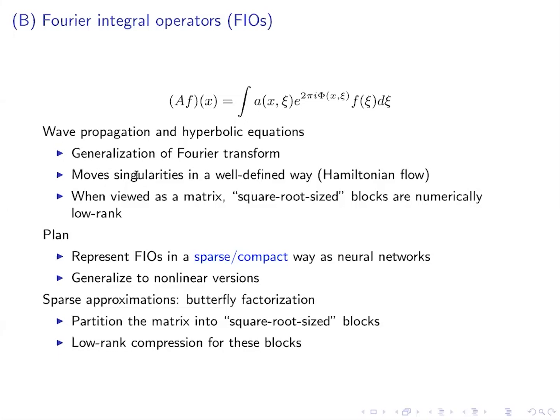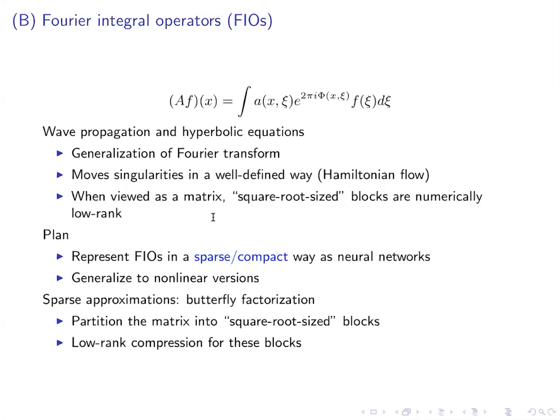When you apply it to a function f, the singularities of f will move instead of staying fixed at the same point. They move around, but in a very well-defined way. It's called a Hamiltonian flow. Essentially it tells you how the singularities propagate along the characteristics of the wave equation.